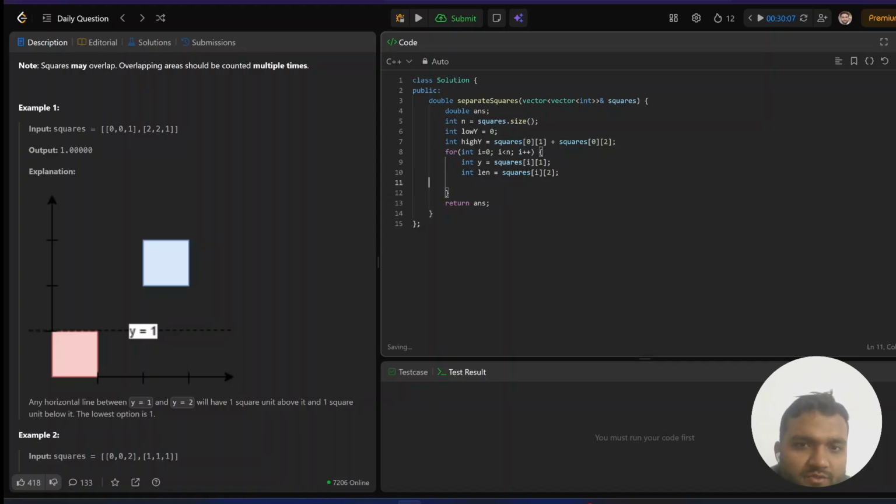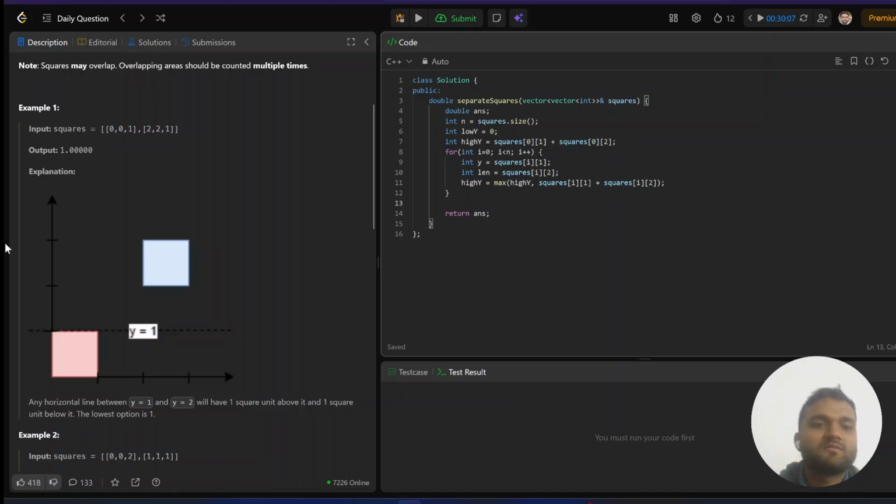So now the high y coordinate will be the max of high y and squares i1 plus i2. In that way we can get the highest value of y in the coordinate geometry.